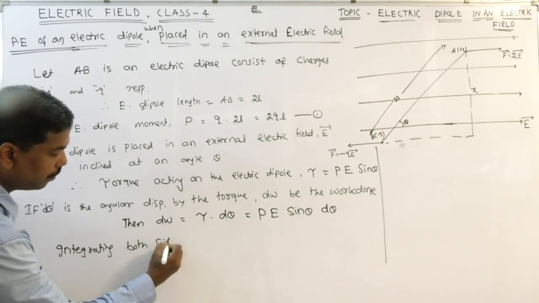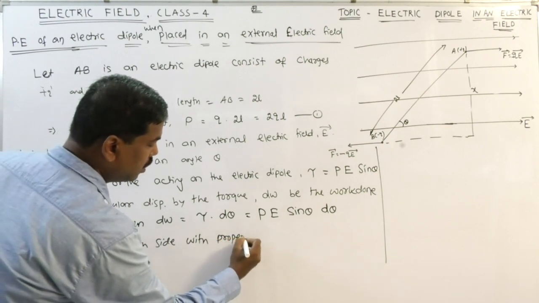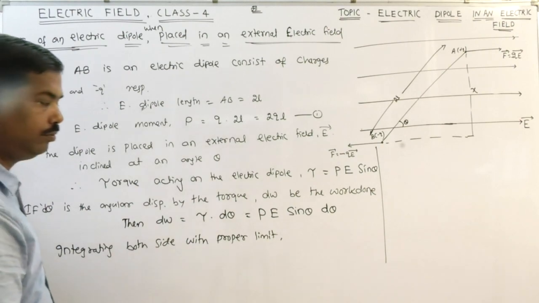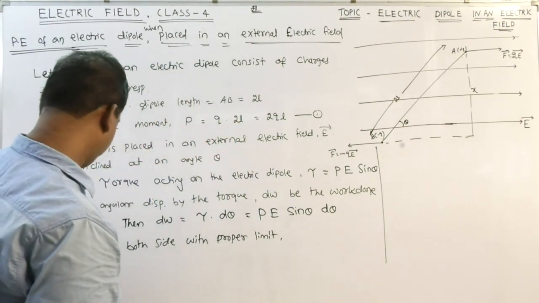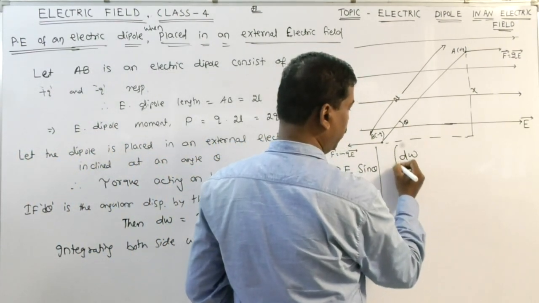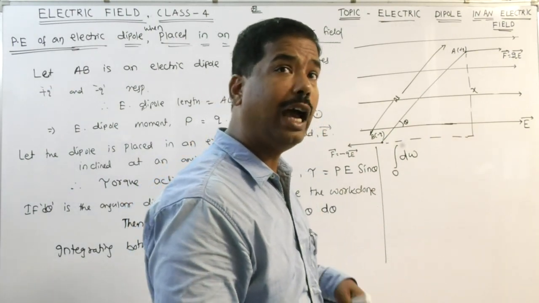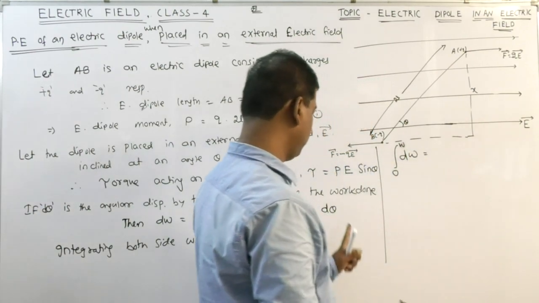Integrating both sides with proper limits: if there is no work done, initially the work done is 0, and after the final work done, the total work done will be W. Okay?